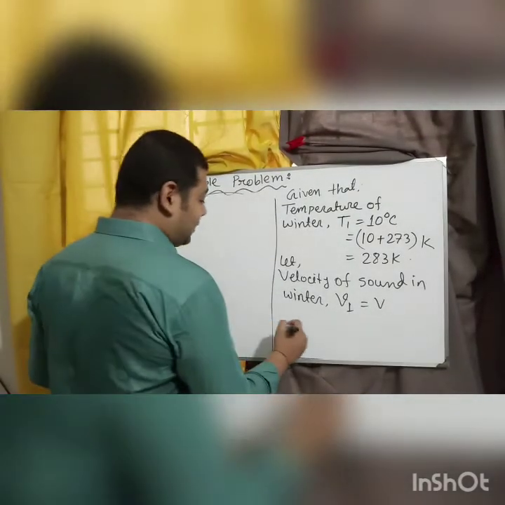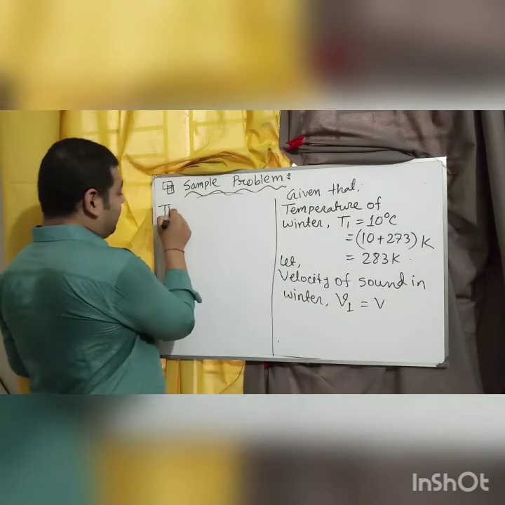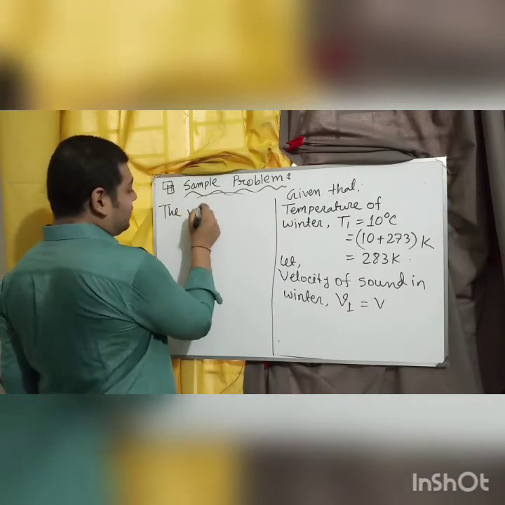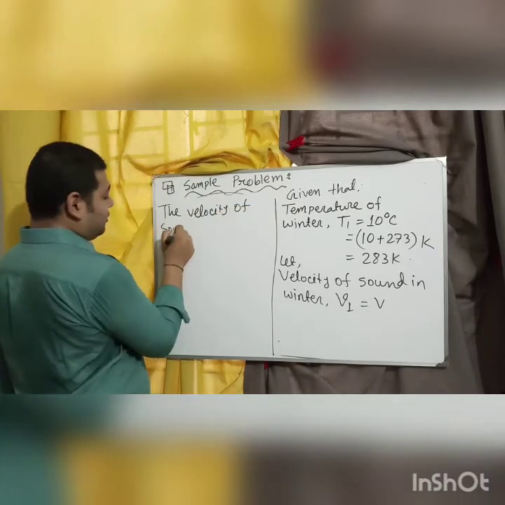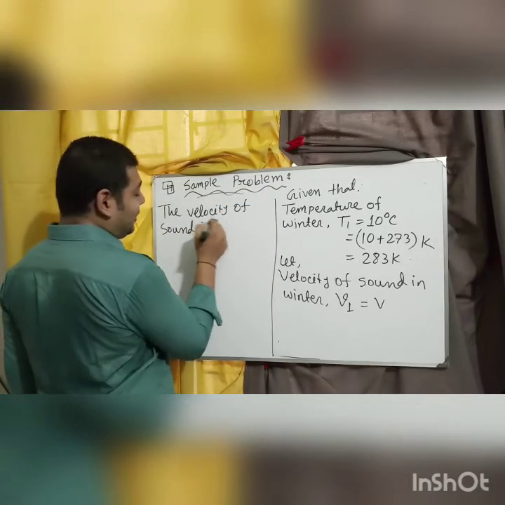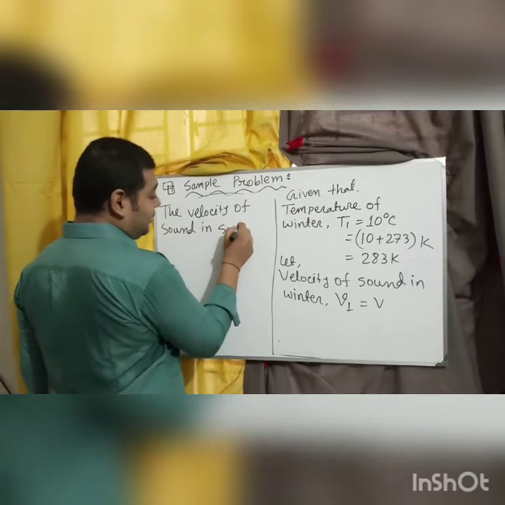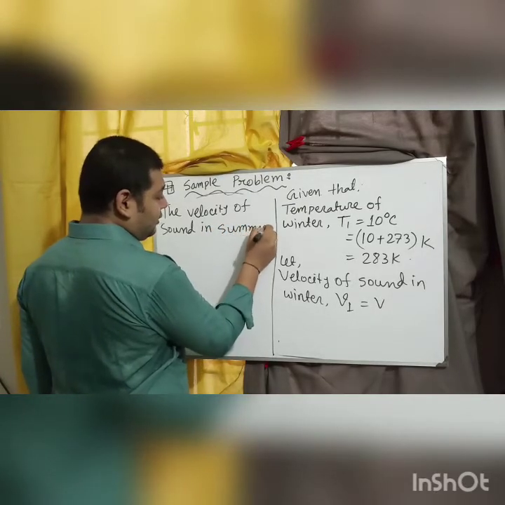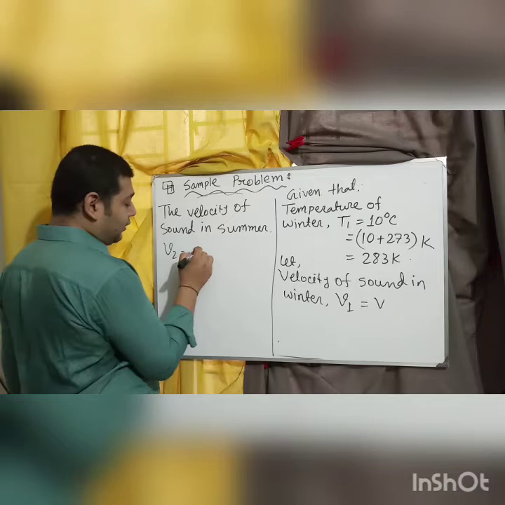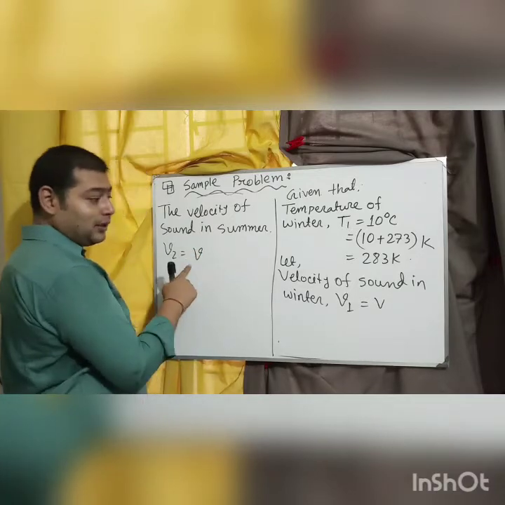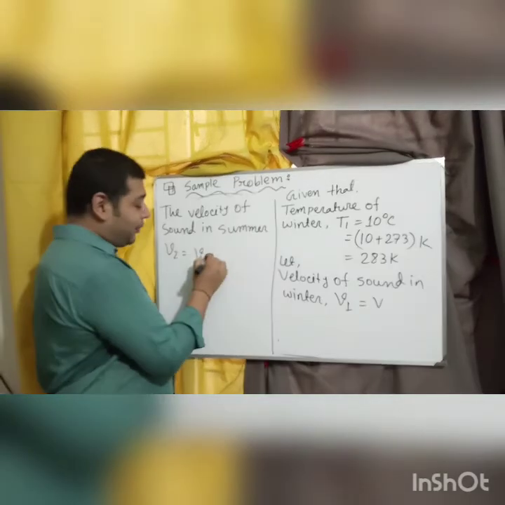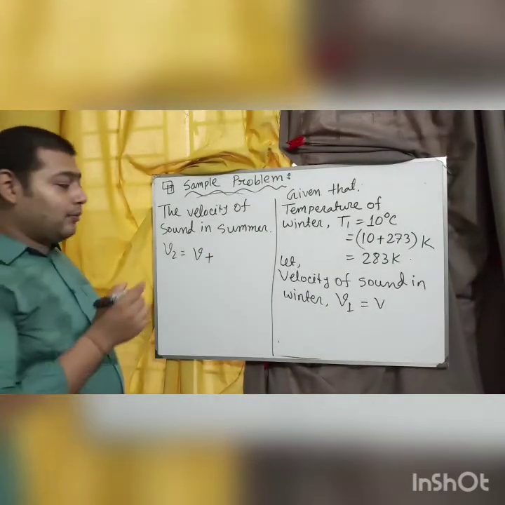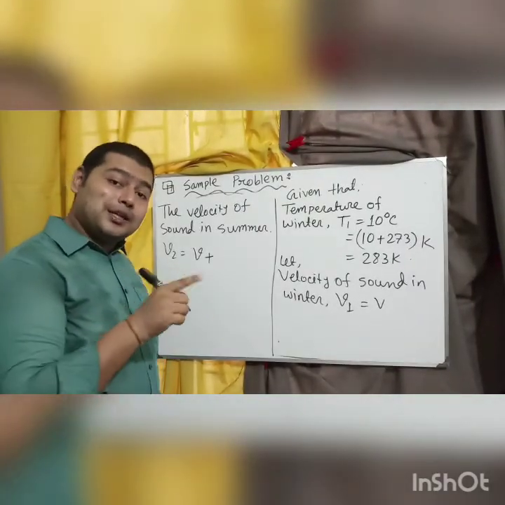So we can write the velocity of sound in summer V2 equal to V, velocity of sound in winter, plus increased by 0.5%.